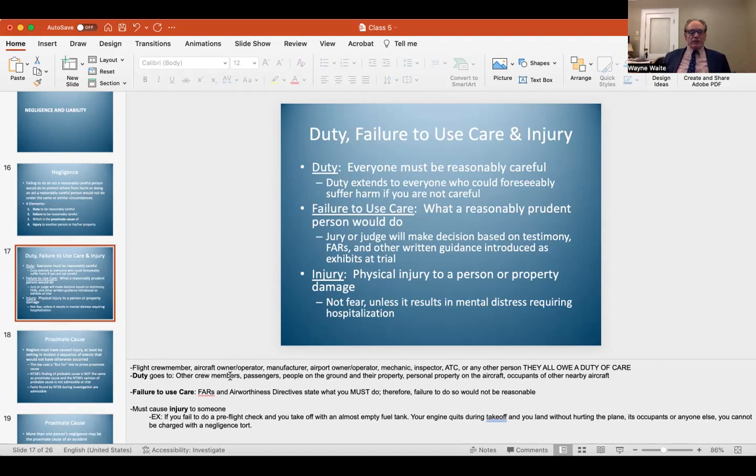And what establishes the breach? Where does the duty come from? Well, it's failure to do what a reasonably prudent person would do. What would a reasonably prudent person do? Well, for example, they'd follow the FARs, they'd follow the airworthiness directives. That would be reasonable. Failure to do that, of course, is an omission, which would be unreasonable.